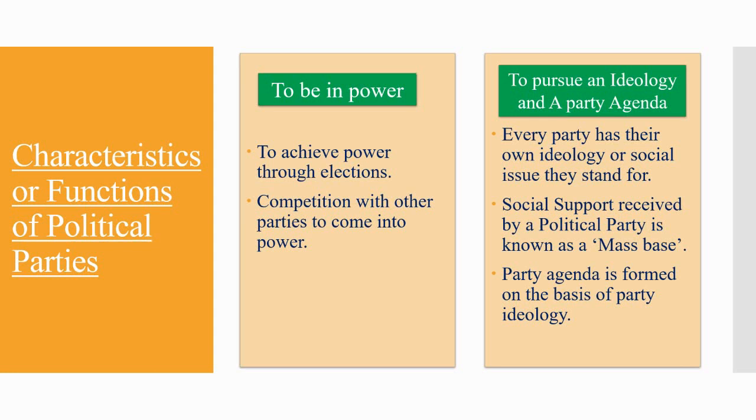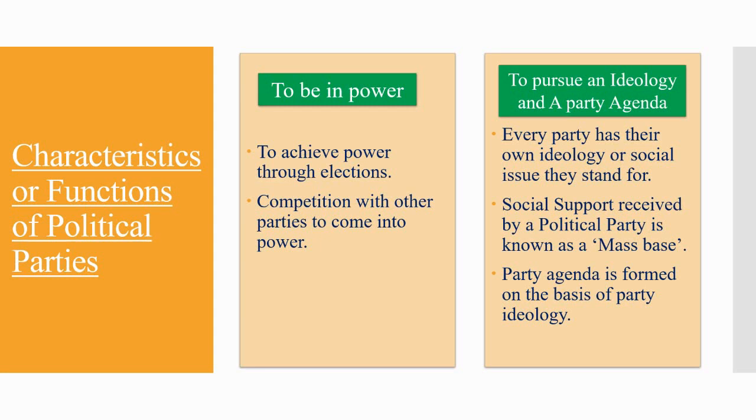Social support, also known as public support, received by a political party is called mass base. In modern times, every political party's ideology seems to be similar, thus making it very difficult to differentiate between these parties. The third characteristic is the party agenda.